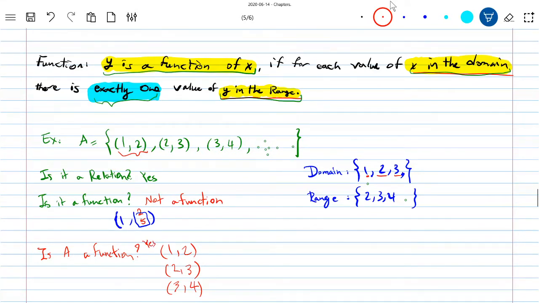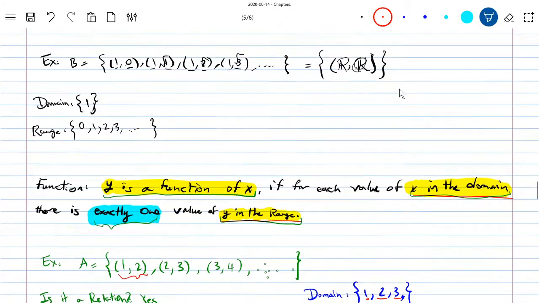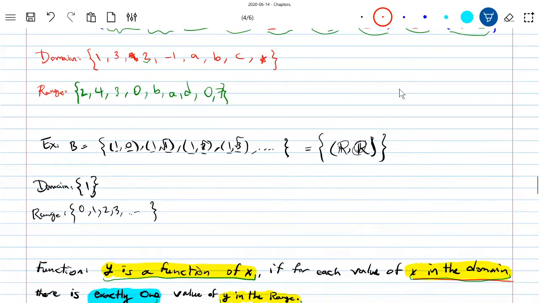So if we go back to the example that we did here, B, is B a function? The answer should be no. Why not? Because there is a domain that contains one element, 1.